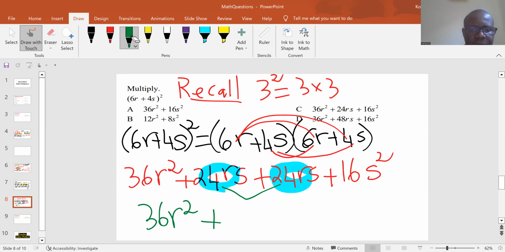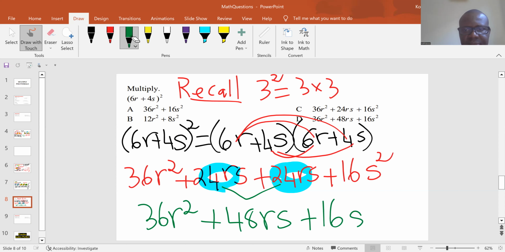That gives you 48rs. And the last one is 16s squared. There is another formula you can use to solve this question, but I will postpone to another video.